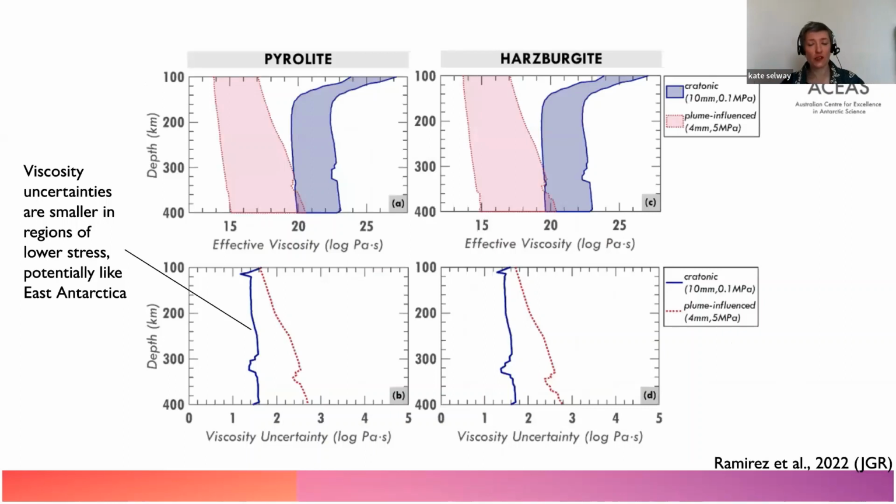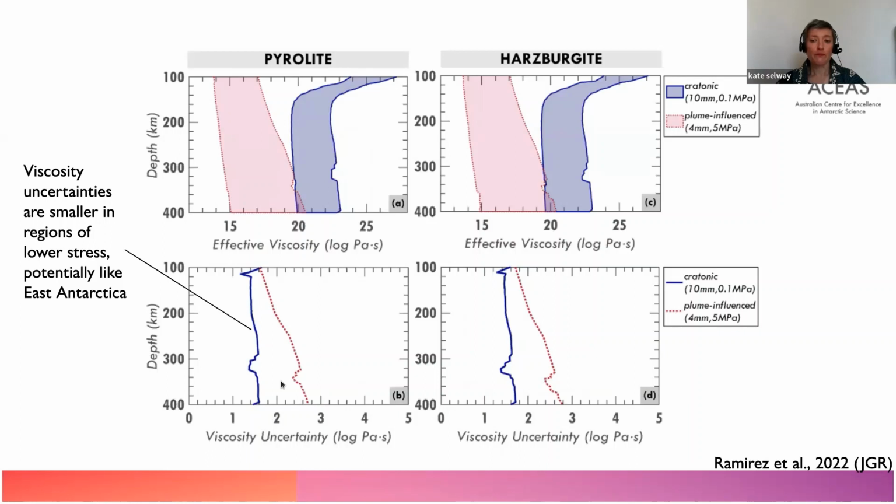There's a lot in Florence's paper, and she tests a lot of other factors, including how the composition of the Earth affects those data sets, and how things like stress and grain size affect them. That's too much to go into today. But one important finding is that in regions of lower stress, the viscosity uncertainty decreases quite a lot.